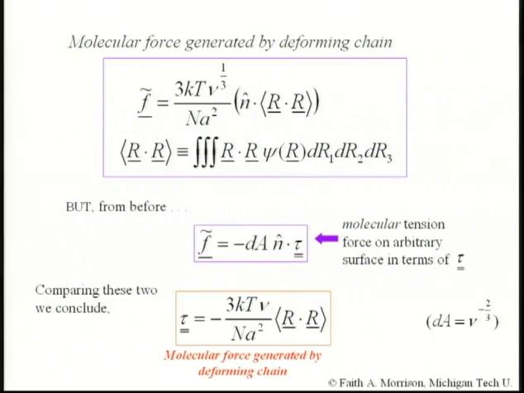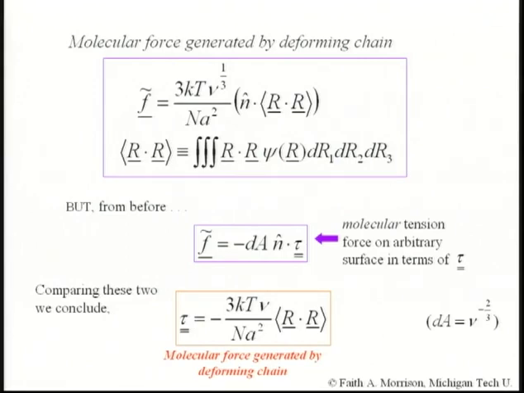But we can, in fact, relate the force on a given surface in a fluid full of these random walk chains to the second moment of this probability distribution function psi. Okay, so again, I'm not explaining all the details, but the statistics leads to this calculation, and there are some details in the book, again, if you're interested.